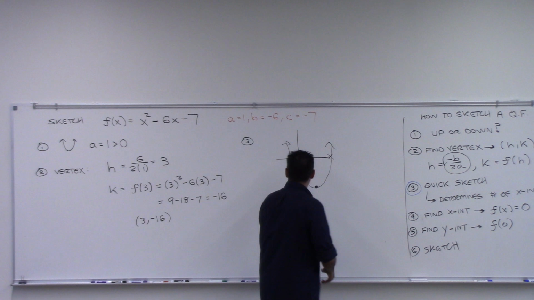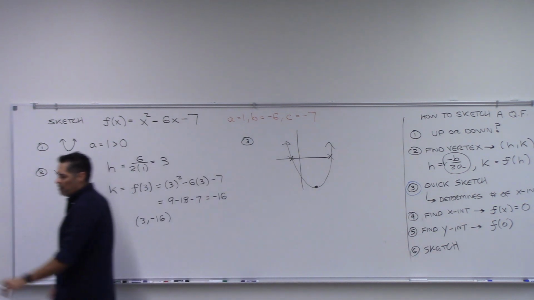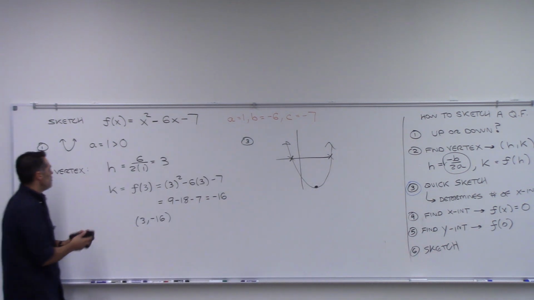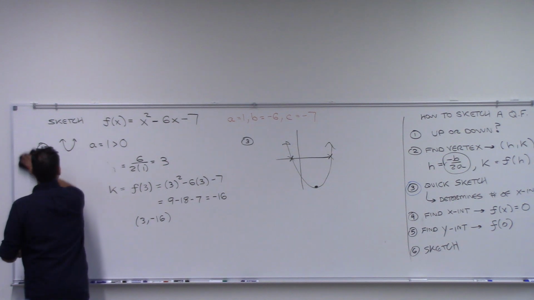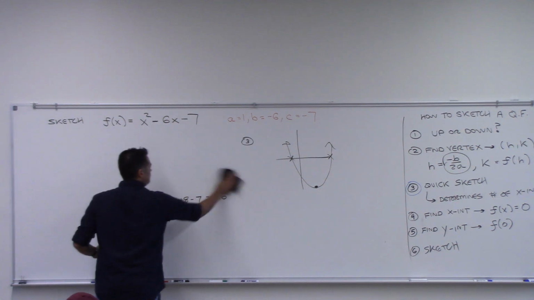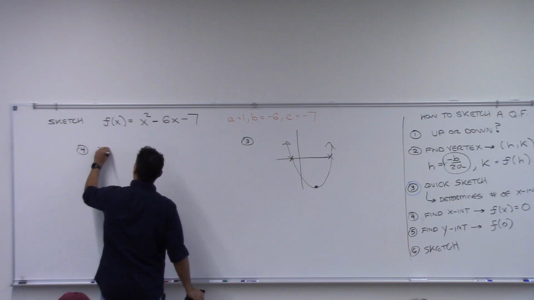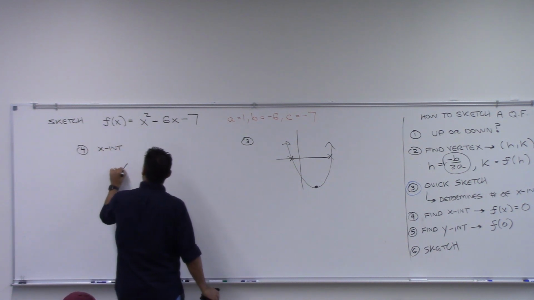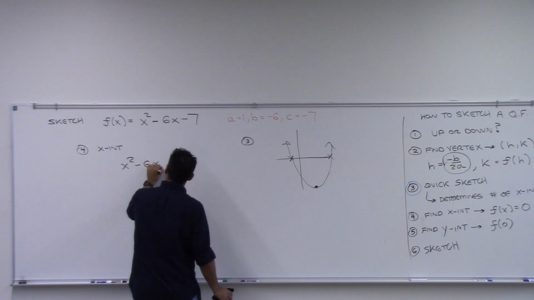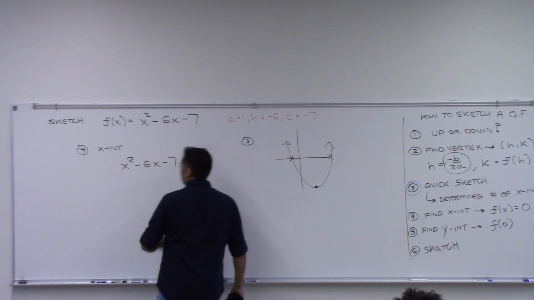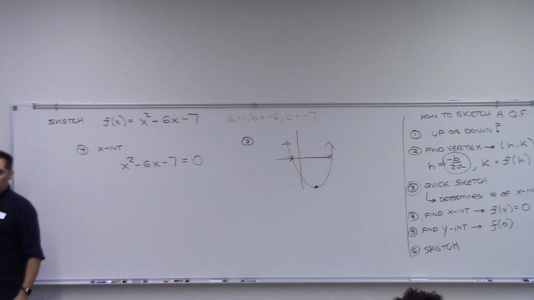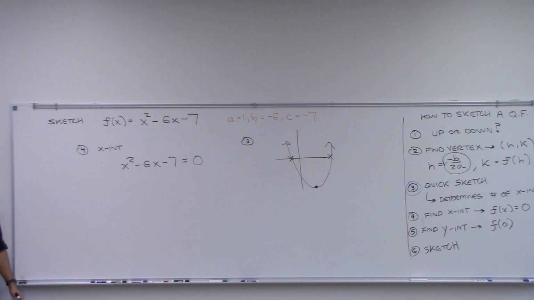And step 4 turns out to really be the hardest part of most of these problems. So if we can avoid it, let's avoid it. All right, here we go. Step 4. Find the x-intercepts. I have 2 of them, right? So I take the function and set it equal to 0. It's a quadratic equation. You have different methods to solve this, right? I made this one so it factors, so we can go quickly through it.